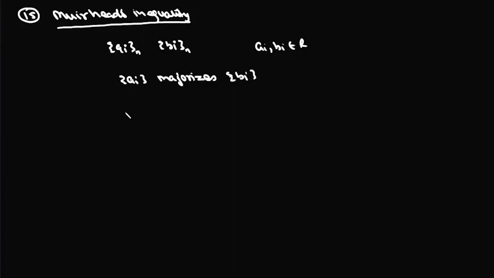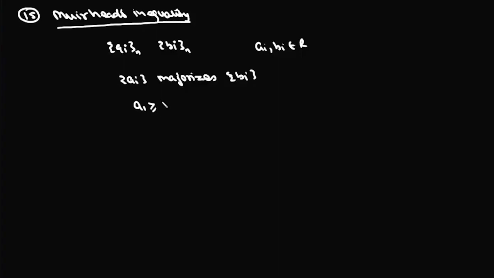Now this inequality simply says if we have two sequences AI and BI, which are sequences of real numbers such that AI, BI belong to R, and each sequence contains n terms such that this sequence AI majorizes this sequence BI. Now what does that mean?